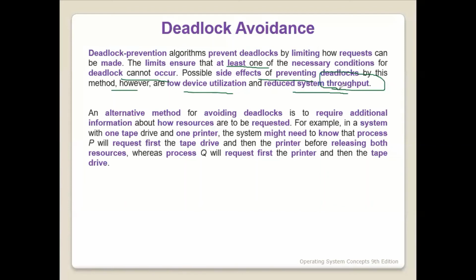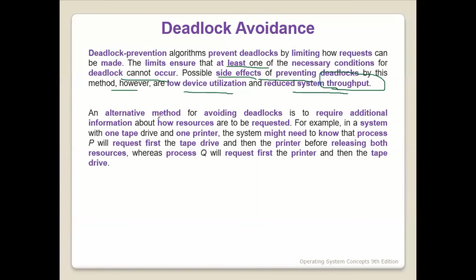So when we have these procedures to prevent deadlock, we are limiting the resource request. So resources will not be utilized that much and the throughput will be reduced a lot. That is one drawback, I can say side effects or drawbacks of these deadlock prevention algorithms.